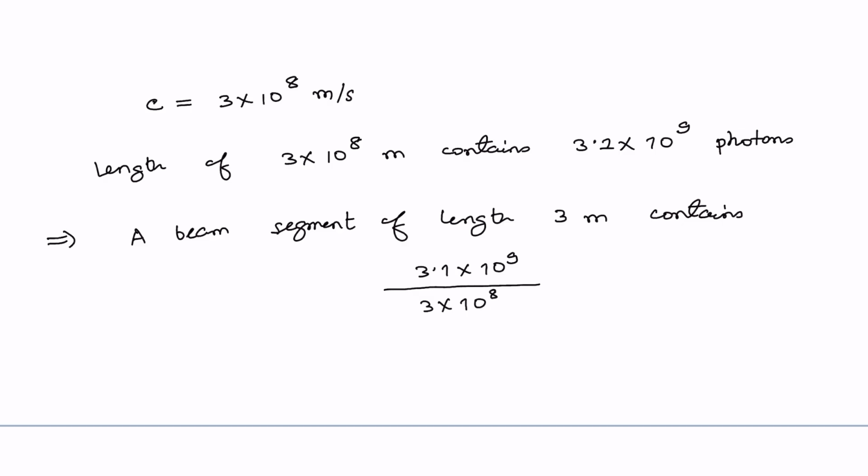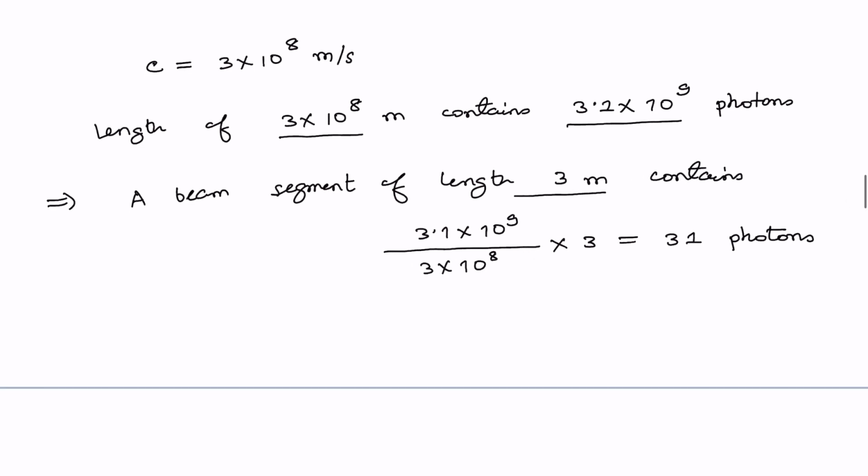That's the number of photons per unit length. I think this maths is very easy. So a 3 meter length is going to contain, if you do the calculation, 31 photons. As we go on considering shorter length segments, we will find that the average number of photons becomes fractional.